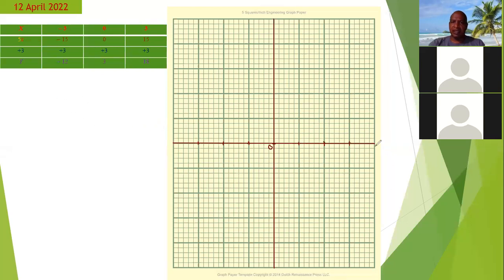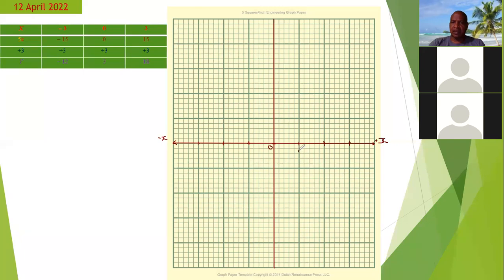So that would be our x-axis. And over here, we have the positive x. Over here, we would have negative x. Then we put in our units.